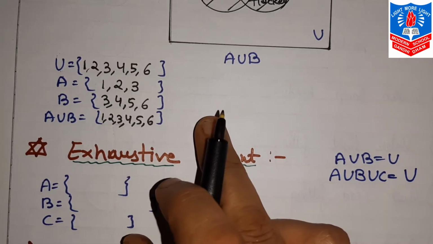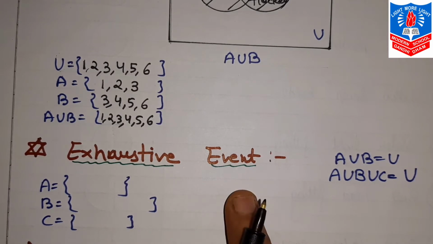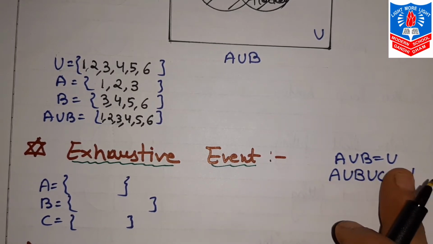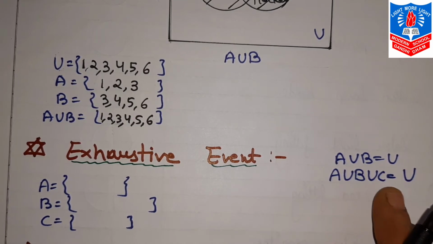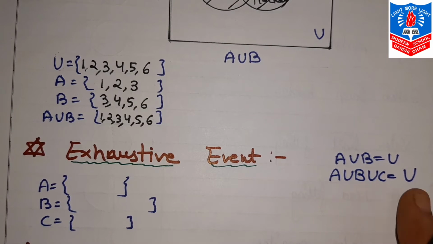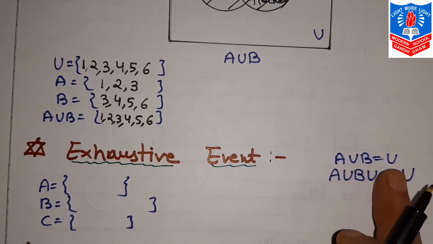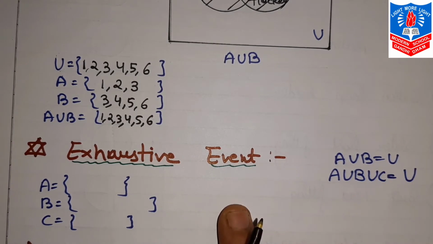Now remember, without any diagram, this exhaustive event will be A union B is equal to U, or A union B union C. When three events A, B, C are there, then A union B union C will be U, and when two events are there, then A union B is equal to U. Let us first discuss with an example, then it will be clear to you.